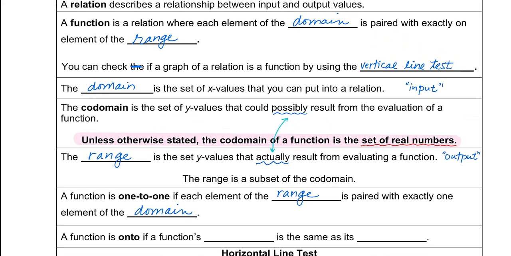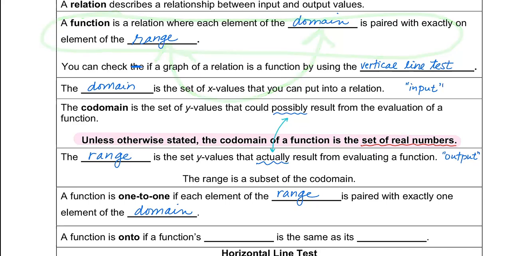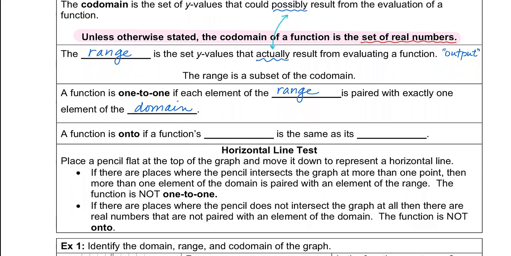Wasn't that up there if we look at the definition of a function way up here? Notice I just flip-flopped range and domain, and that became the one-to-one definition. So if we want to check if something's a function, we use the vertical line test. If we want to check if it's one-to-one, we'll be using the horizontal line test, but we'll come down to that.